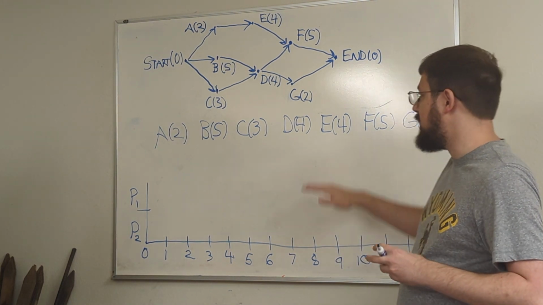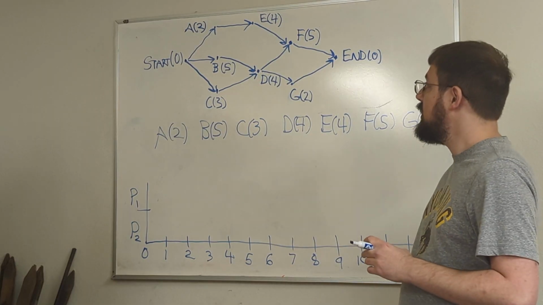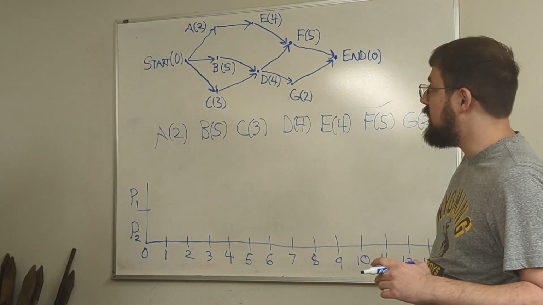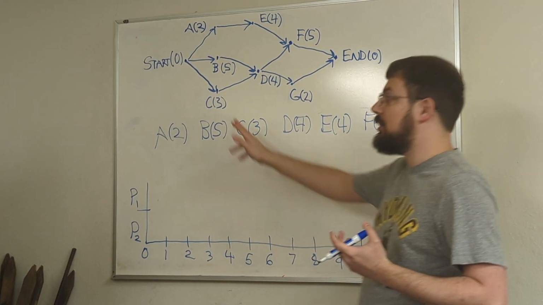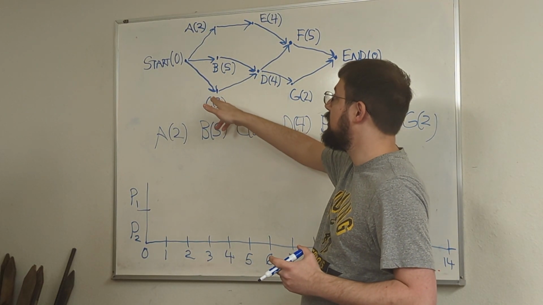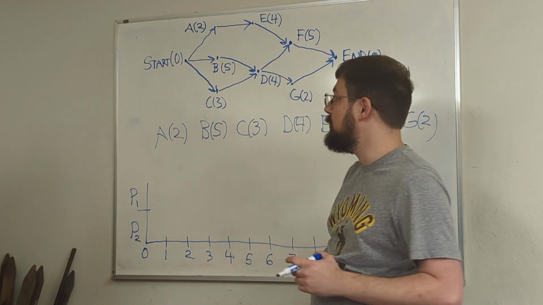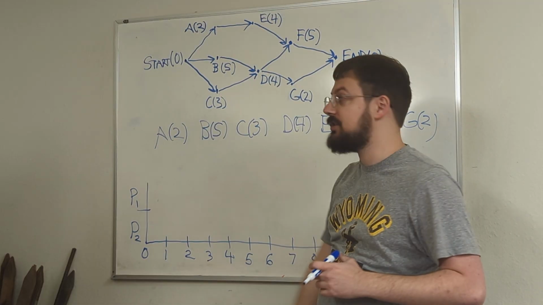So let's look at this example with our alphabetical priority list. At the very beginning, we look at whichever tasks have only the start as the precedent. In this case, that would be A, B, and C. We don't have to have anything done before we start on those because the only thing that comes before them is the start.